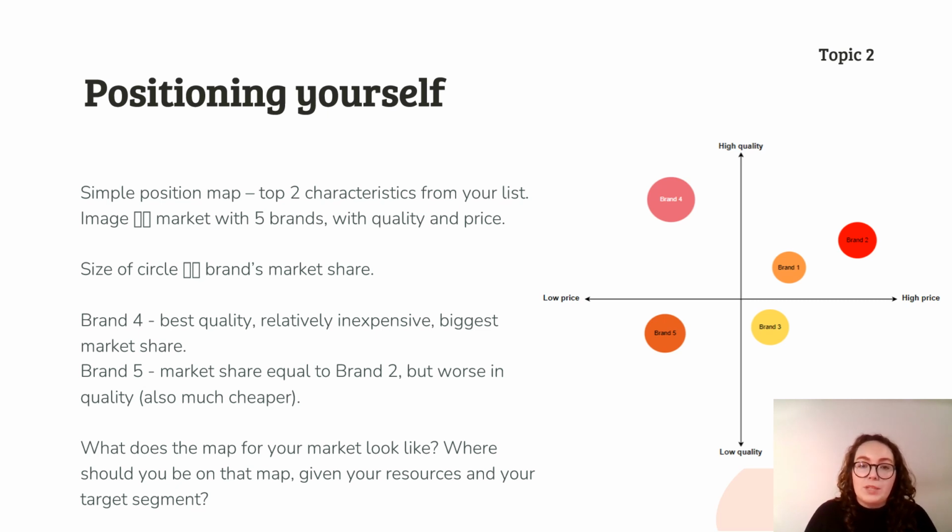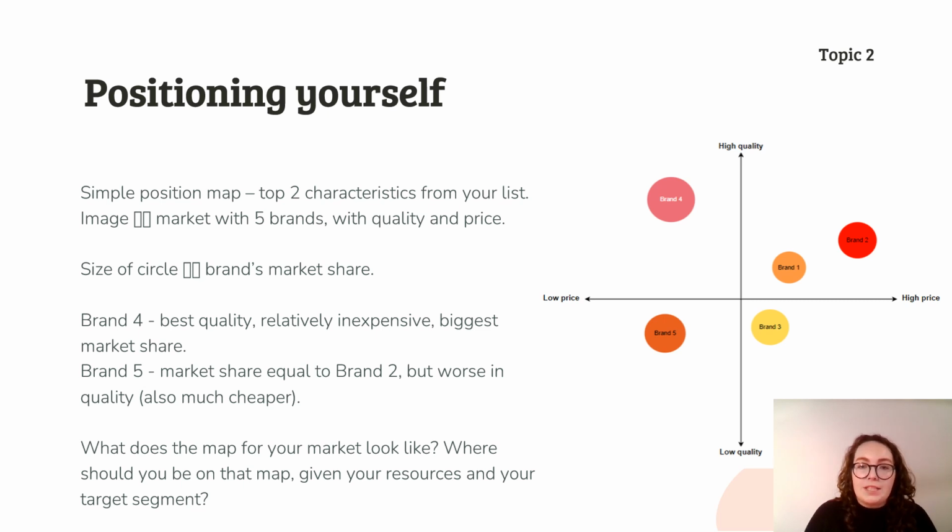While brand 2 is better than brand 5 in terms of quality, it has a higher price. But brand 5 seems to be targeting customers who prefer a lower price, and this is how it's positioned in the market. These customers are satisfied with a relatively low level of quality.